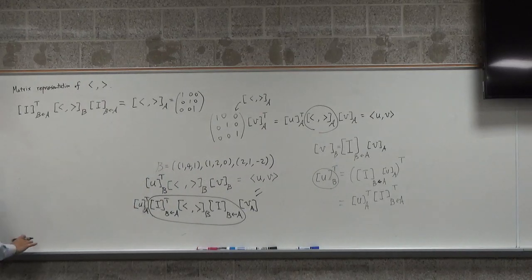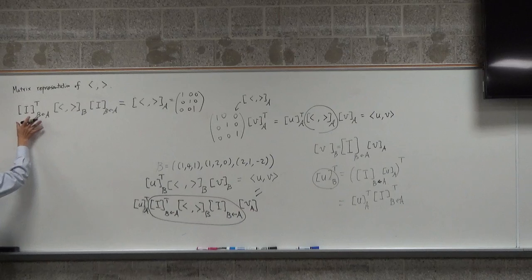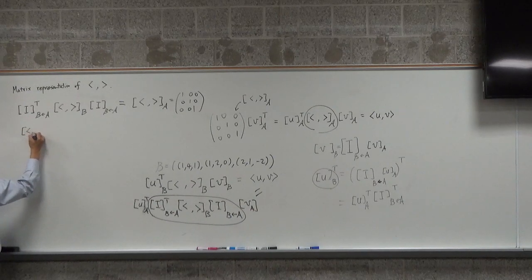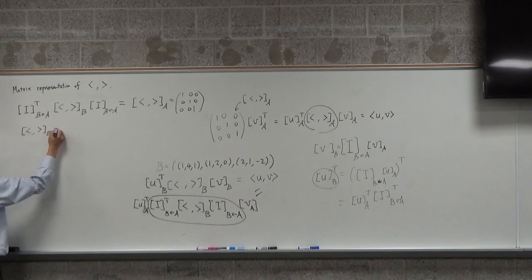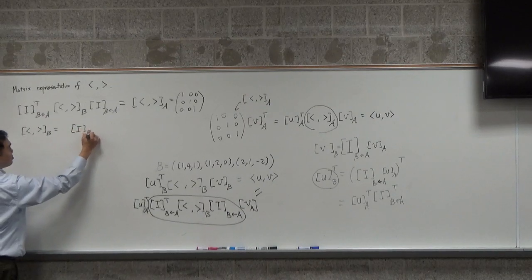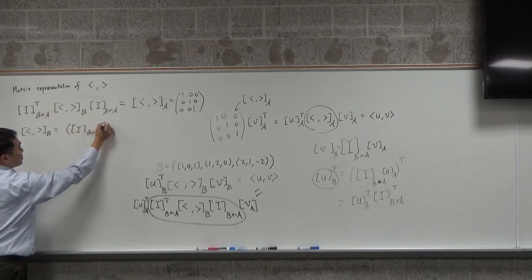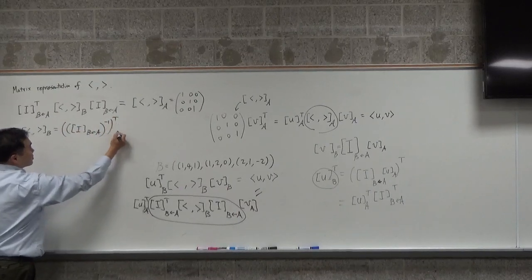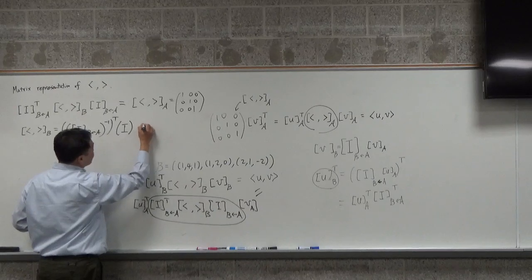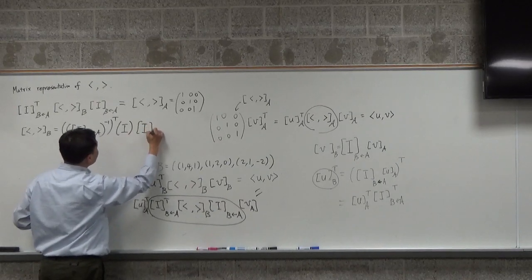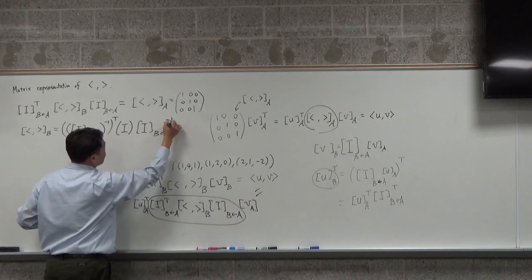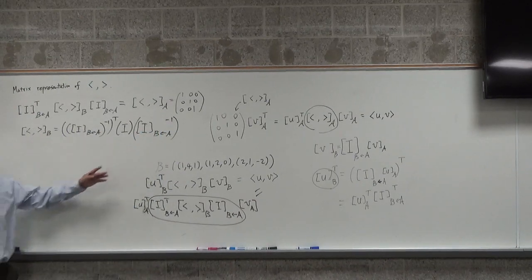And now all you have to do is take the inverse of these to the other side so that this thing is equal to the inverse of I B to A transpose, times the identity matrix, I'll just put I, times I B to A inverse. Okay, but I also know what this inverse is.